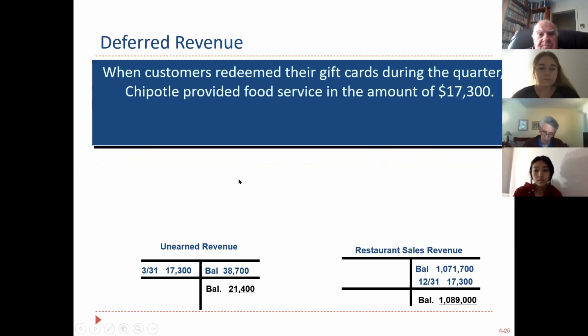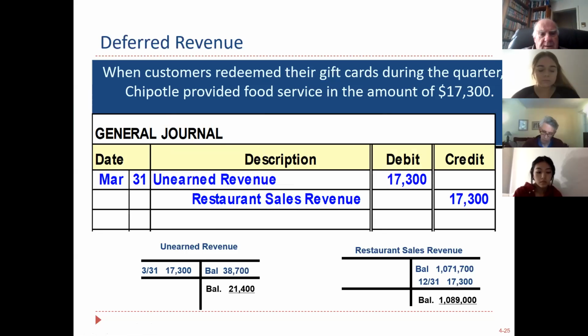So here we go. You're going to debit unearned revenue, which is going to decrease the liability, and your restaurant revenues are going to go from $1,701,000 up another 17, to $1,717,000. I am assuming that's what the cash register payments were, huh?